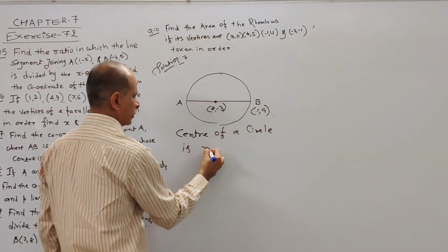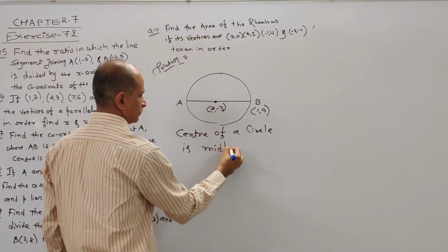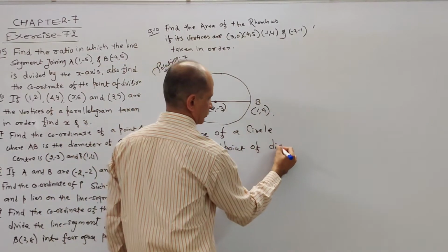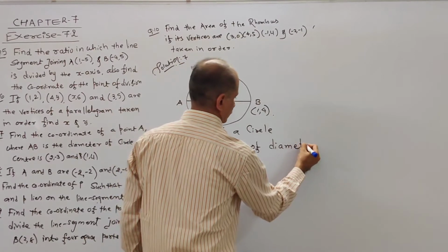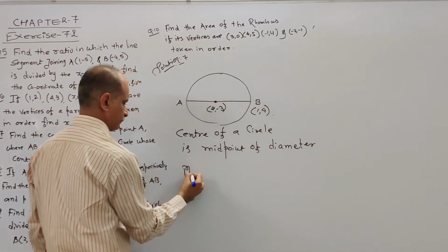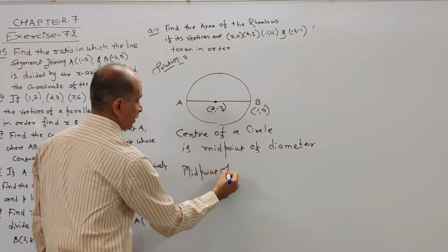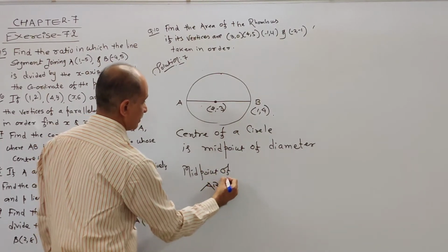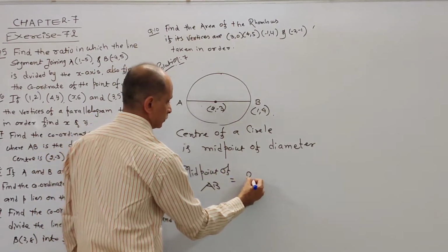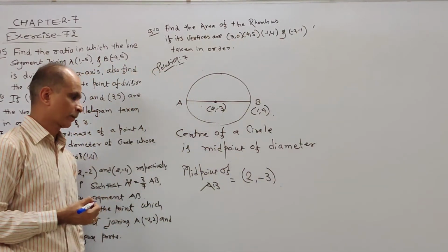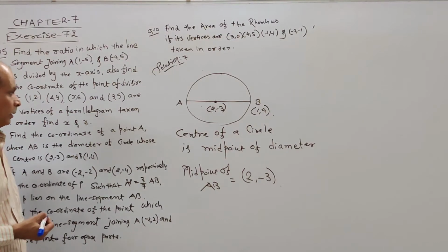Therefore, the midpoint of AB is equal to (2, -3).